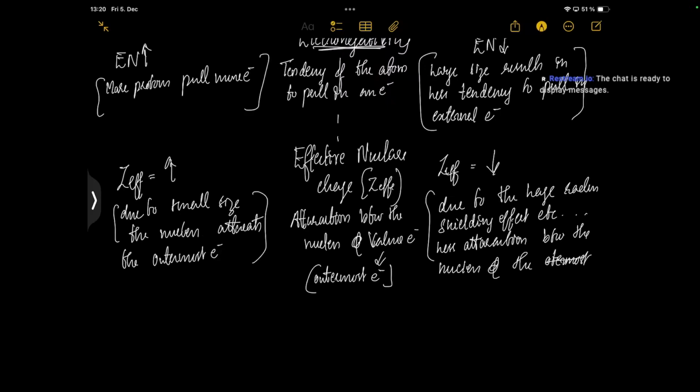No, that's not correct. Outermost shell.